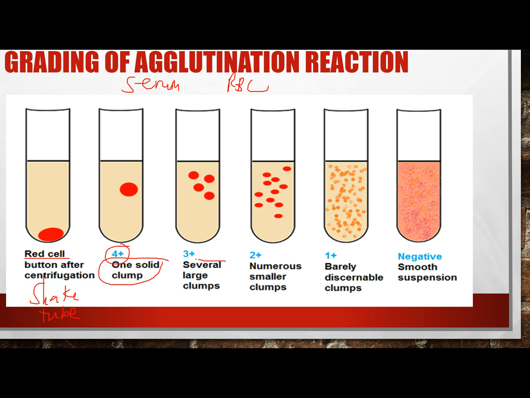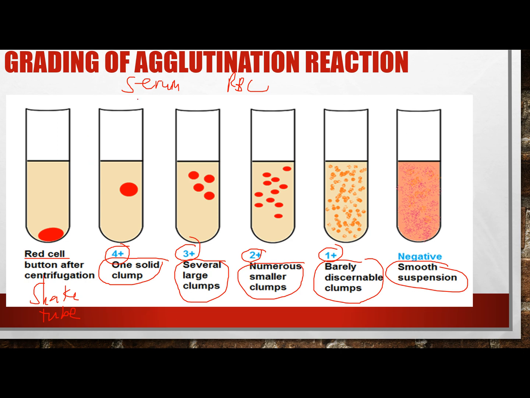If it produces several large clumps, it's reported as 3 plus. If it produces numerous smaller clumps, it's reported as 2 plus. If it barely produces discernible clumps, it is reported as 1 plus. And if there is a smooth suspension, it would be negative. So do take note of that.